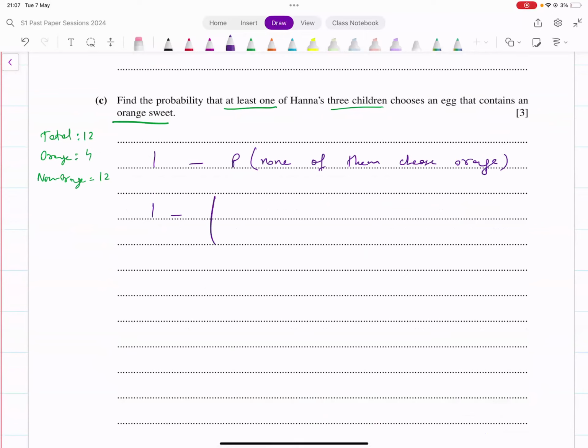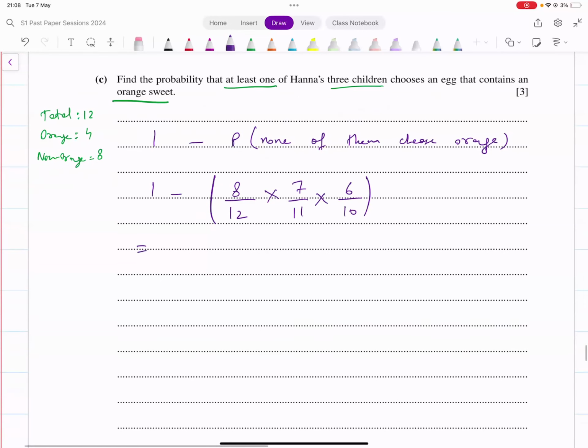The probability of the first one not choosing orange is 8 out of 12. Probability of the first child not choosing an orange chocolate. And the second one also not choosing an orange chocolate, that will be 7 out of 11. And then the third one also not choosing an orange chocolate, that will be 6 out of 10. And you can see what this turns out to be.